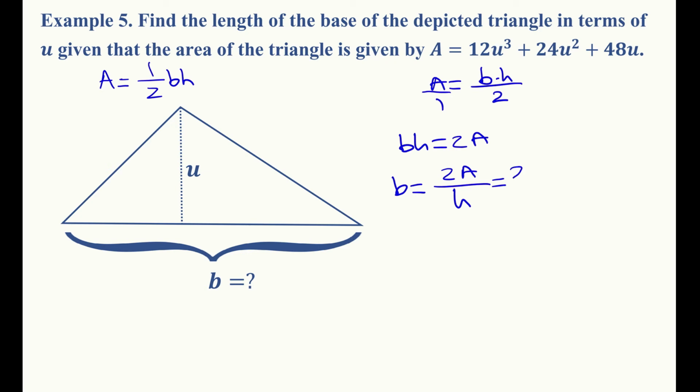So we get 2 times 12u cubed plus 24u squared plus 48u divided by, for h, that's the height, we're just going to substitute u.